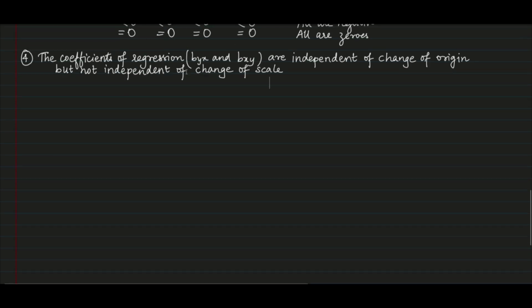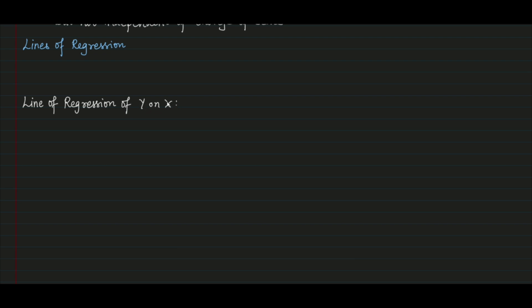Okay, now let's move to lines of regression. There are two lines of regression: line of regression of y on x, and line of regression of x on y. Lines of regression can be found in two ways.